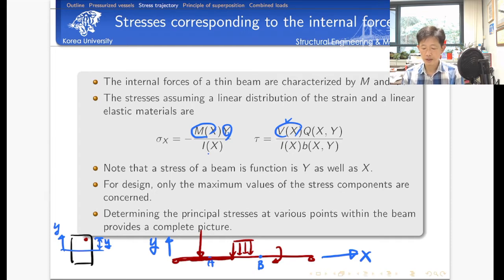And for the calculation of the shear stress, this also depends on the position of x coordinate and at the same time y coordinate, because we have to calculate the first moment for the part where we want to consider the shear stress value. So basically the normal stress and shear stress depend on the position.